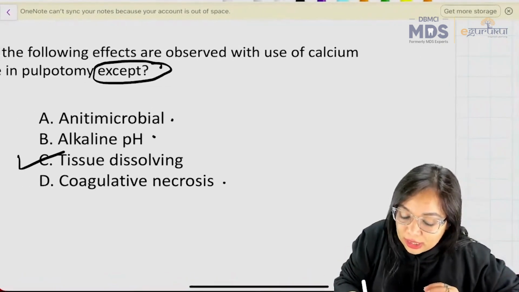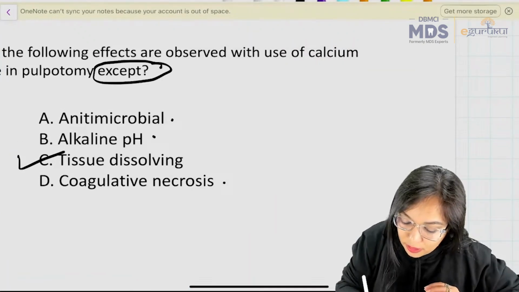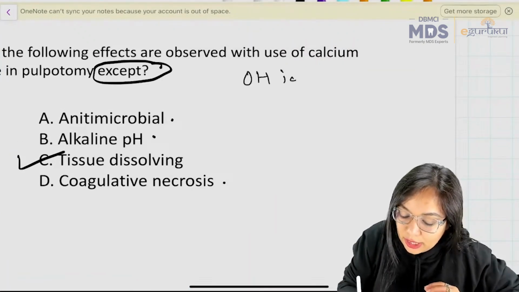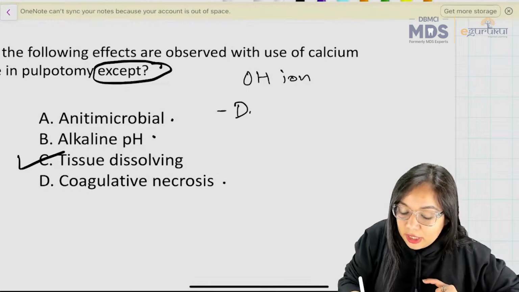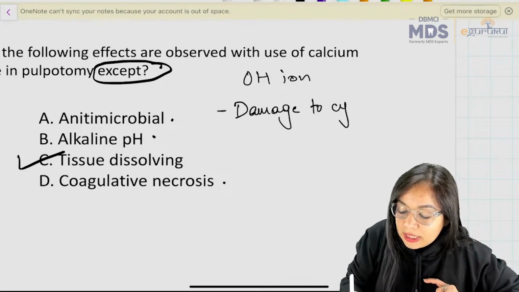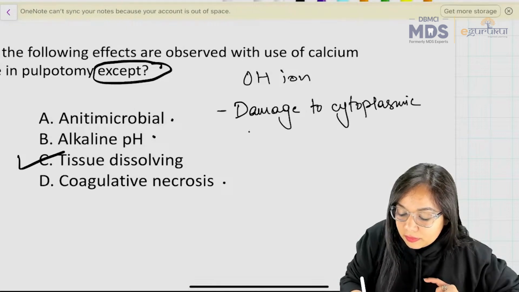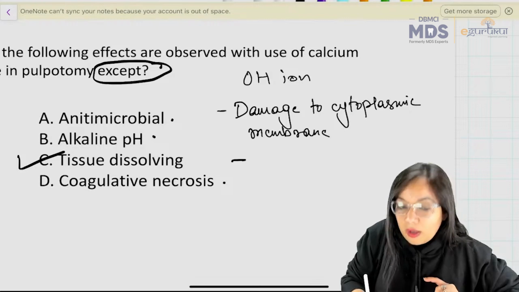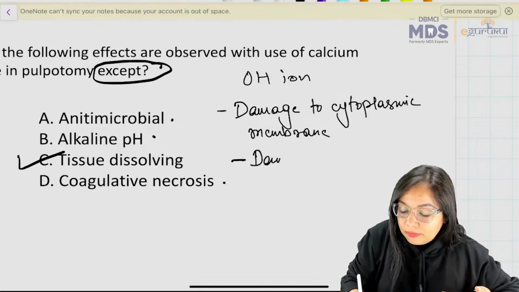So let me quickly write it down. So the hydroxyl ion will result in three things, that is damage to the cytoplasmic membrane. The second is that they will cause damage to DNA.